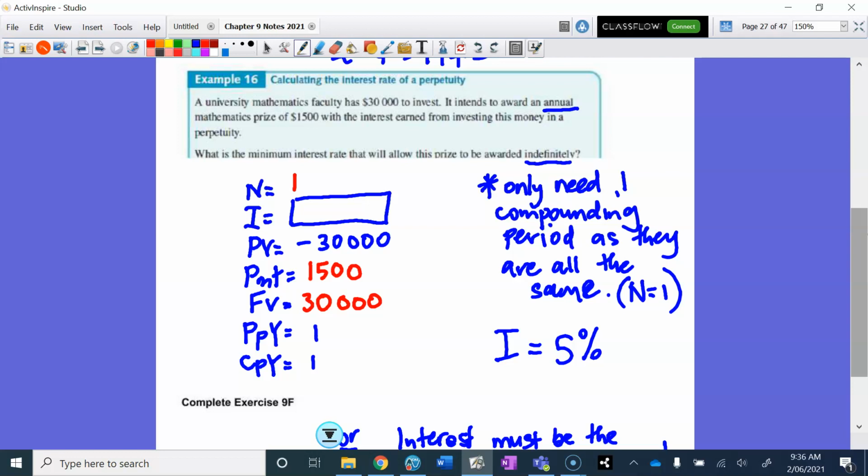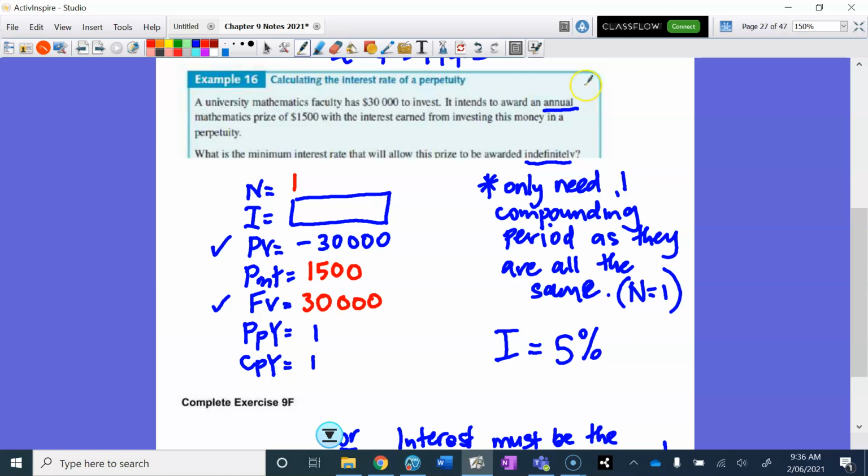So if n is 1, we leave the interest rate blank because that's what we're supposed to be finding. The PV is negative 30,000 because we're investing 30,000. And this is a bit that sometimes confuses students: the PV is invested at 30,000, and basically we want the FV to still be 30,000 after this calculation, with a payment of 1,500 in there.